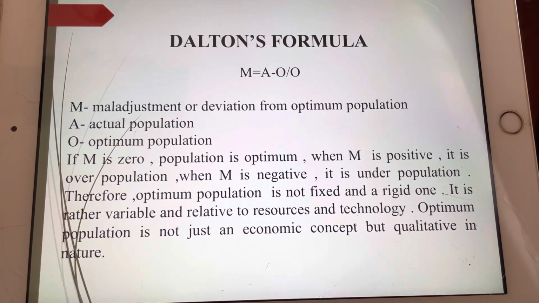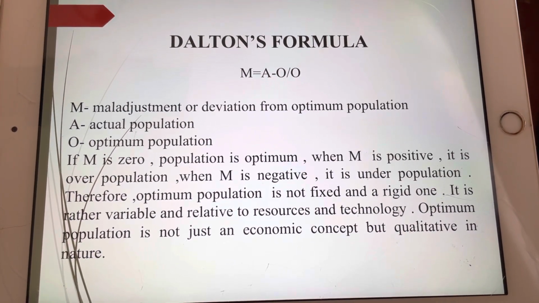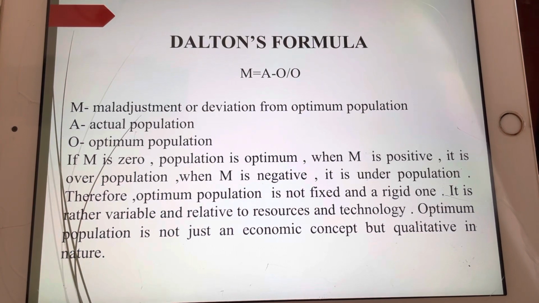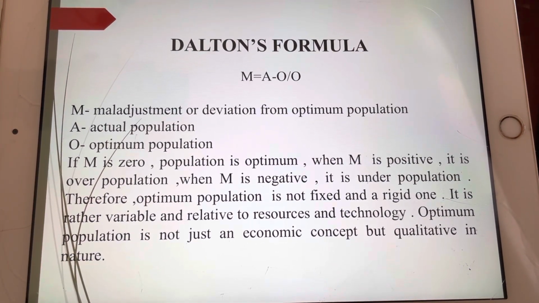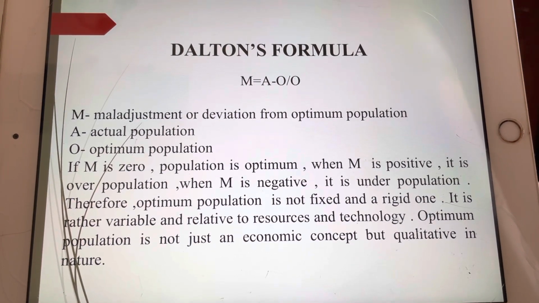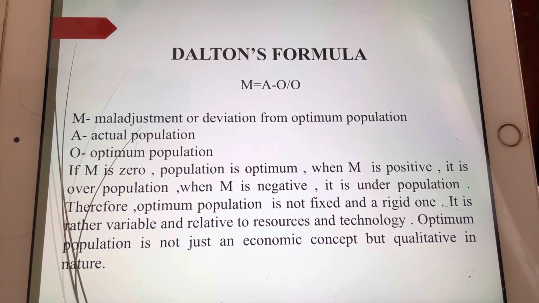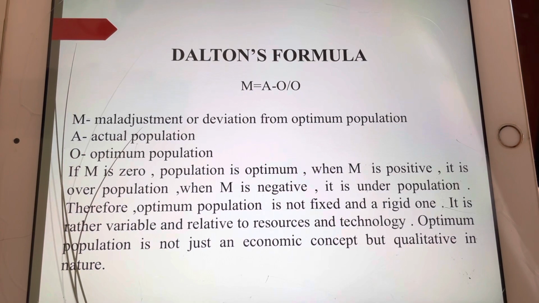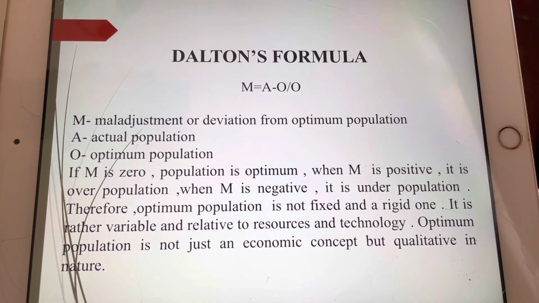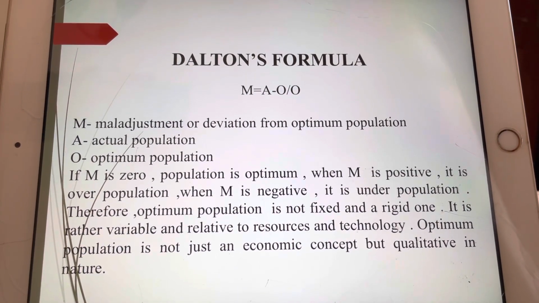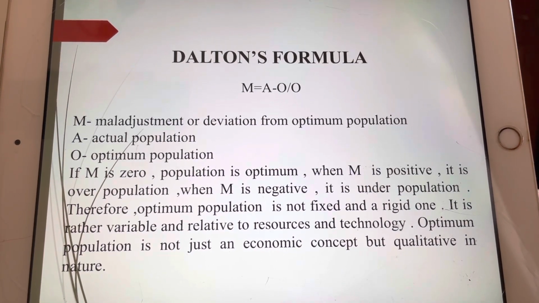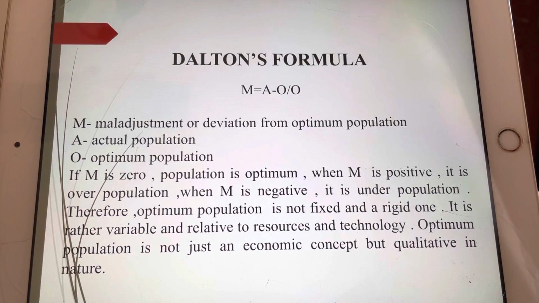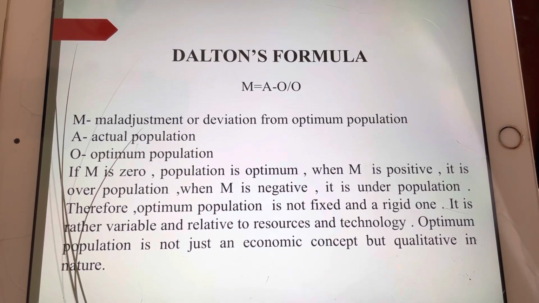If M is 0, the population is optimum, because the actual population equals the optimum population. When M is positive, it is overpopulation, meaning the actual population is higher. When M is negative, it is underpopulation, meaning the population is low. Therefore, the optimum population is not fixed.